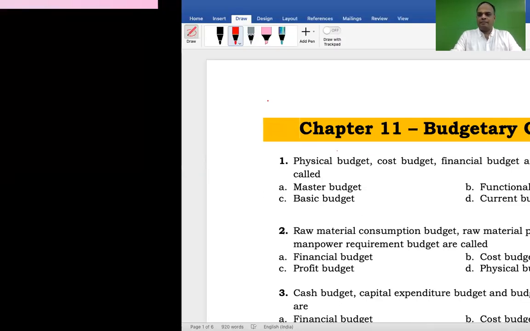So what is the answer? So the answer is functional budget, B.